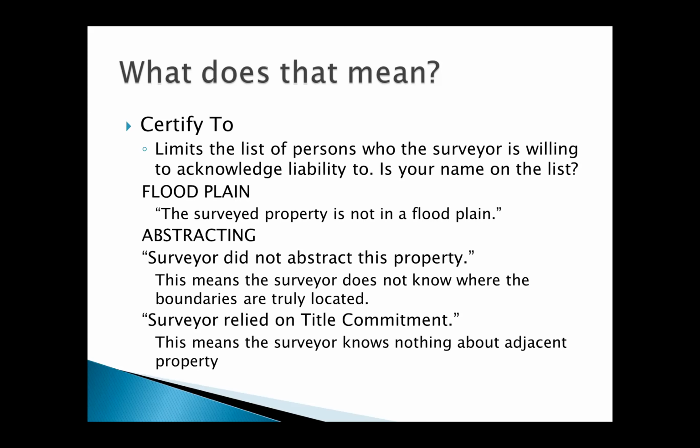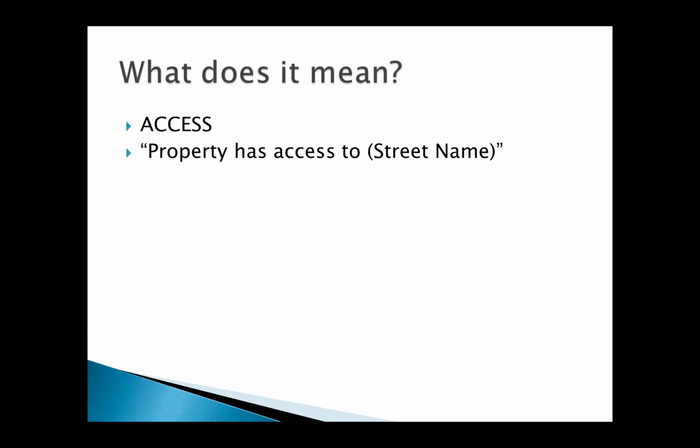They do not look at adjoining properties to see if the adjoining property description overlaps with the property being surveyed. The only way that can be determined is if the surveyor does his own abstracting, finds the adjoining property description, traces it back to where that boundary line was created, and determines the junior and senior rights for that piece of property.